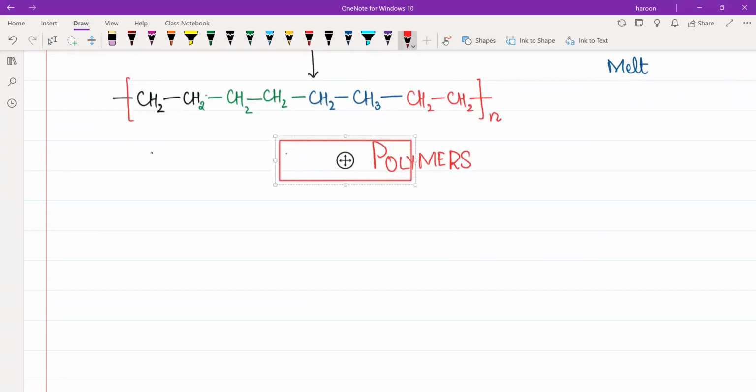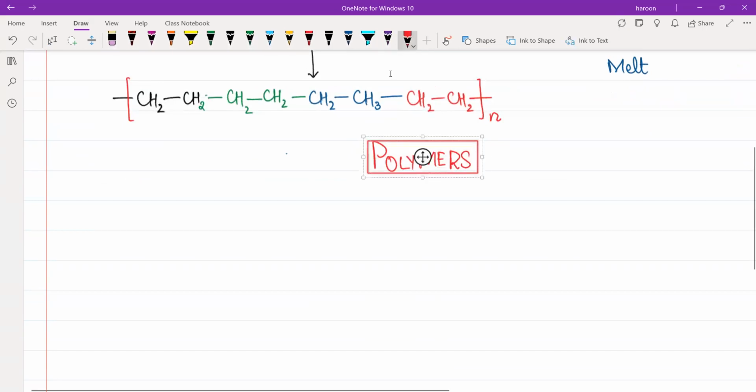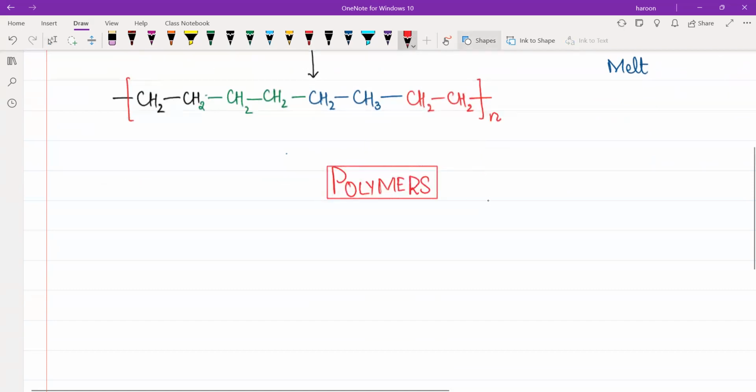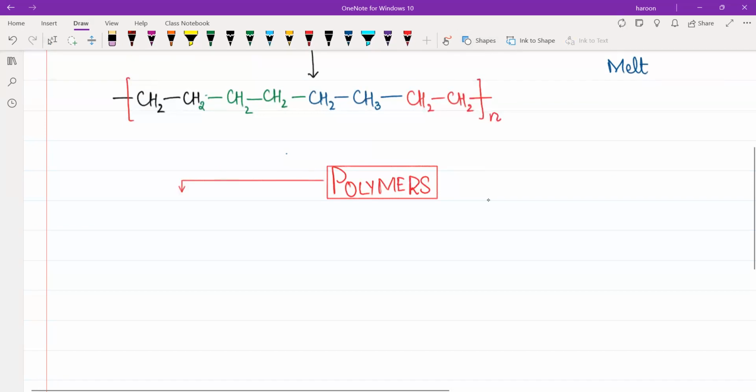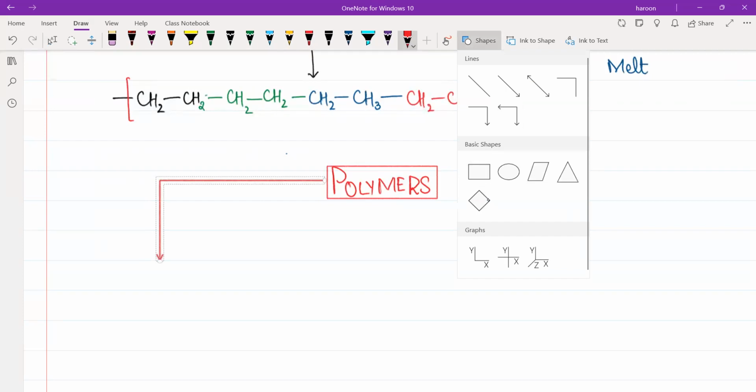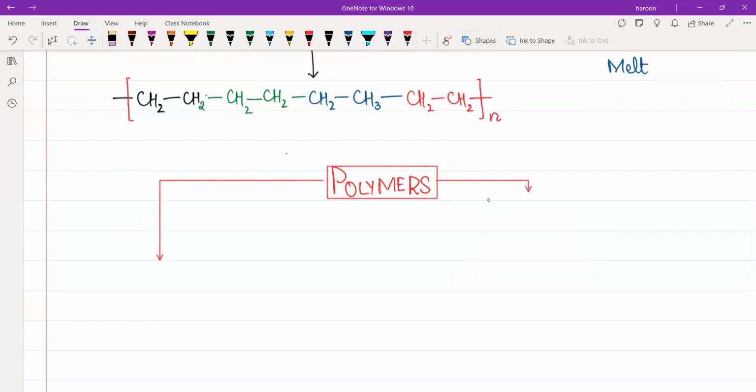The two types of how they are formed: addition and condensation. Very good, very good, highly appreciated. Okay, so we have addition and condensation.